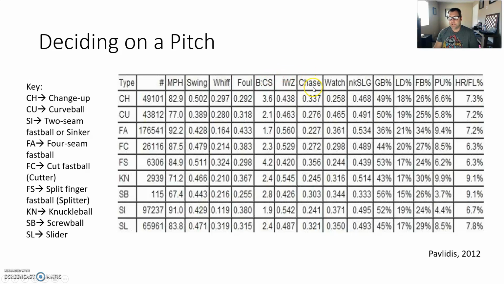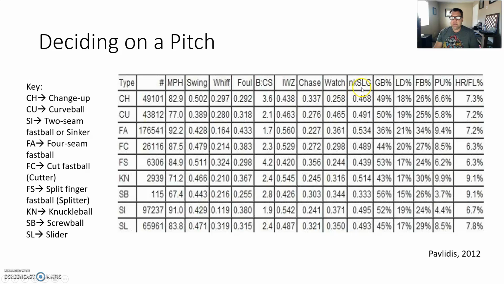The chase percentage here is going to be what percentage of pitches you swung at outside of the strike zone. The IWZ here is going to be your called strikes from a wide zone. The watch percentage, how many times you watched a called strike.